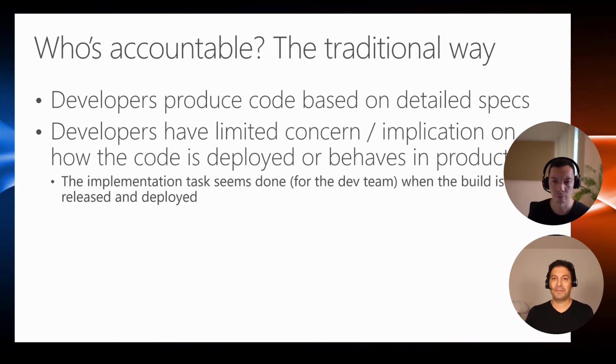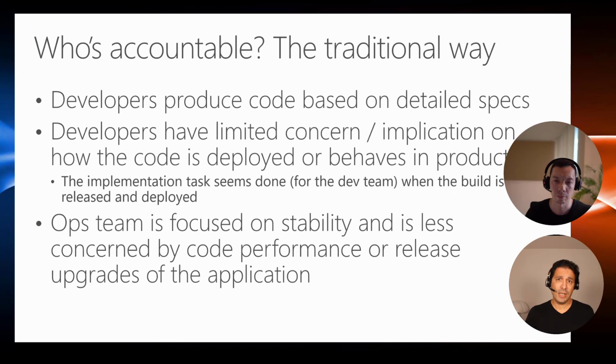So on the side of the developer, the implementation task seems done when the build is done and when the package is given to the integration team, deployed and then run into production.